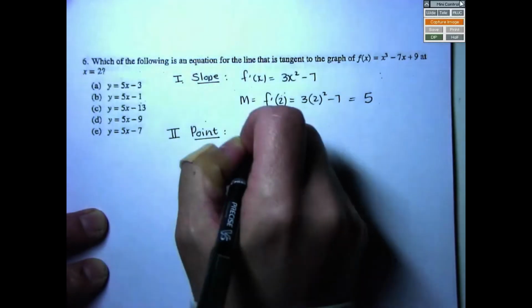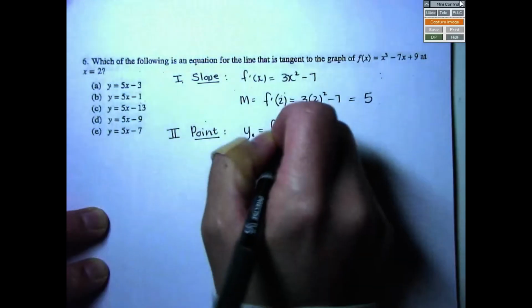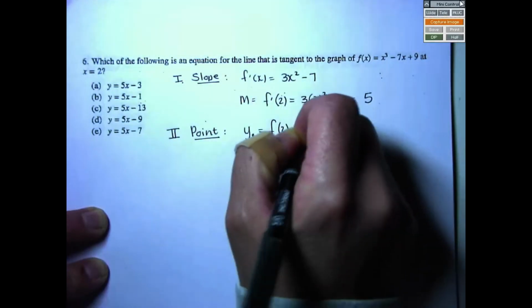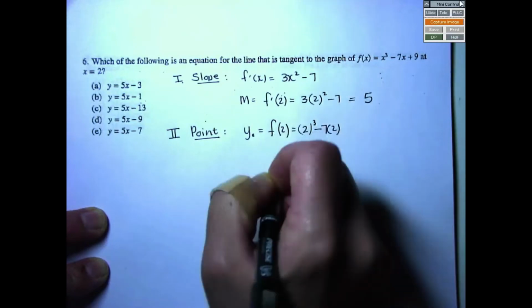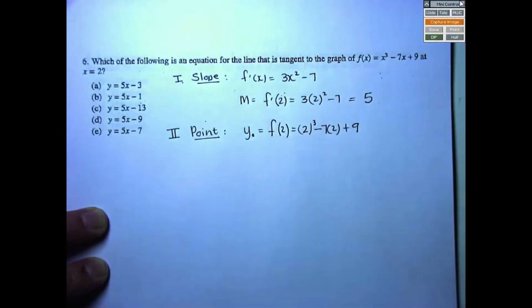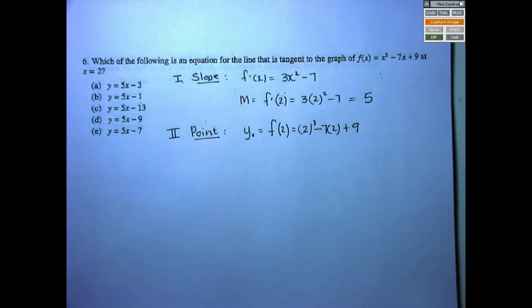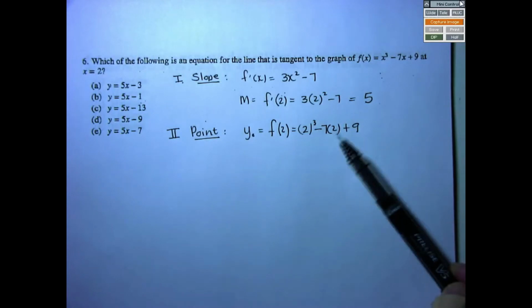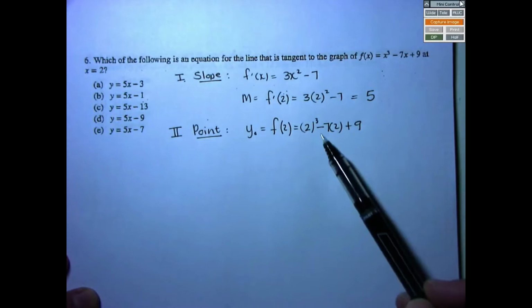So that y-coordinate that I'm looking for is going to be the original function evaluated at 2. So that'll be 2 cubed minus 7 times 2 plus 9. So let's see, 2 cubed is equal to 8, minus 14 plus 9.